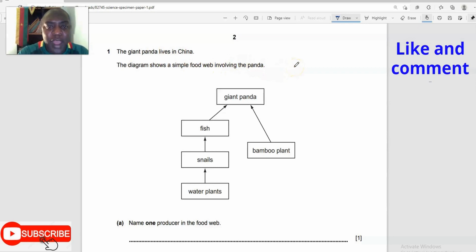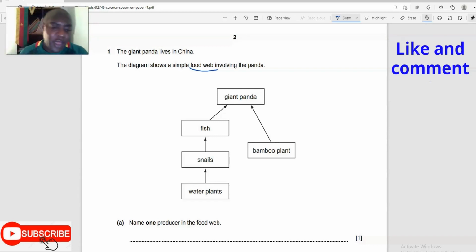So we have our keyword right here, food web. A food web, as we know, is a combination of two or more food chains, and a food web has different trophic levels. Different organisms will play different roles within a food web.